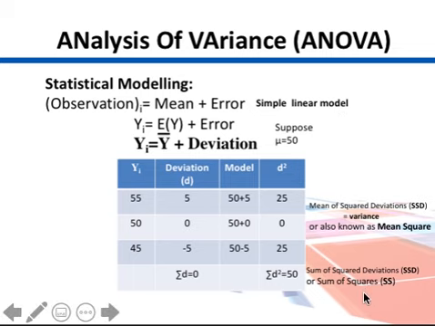In case it's a sample, we divide by n minus 1, the degrees of freedom, and we call it mean square. These terms, sum of squares and mean square, will be used a lot in the analysis of variance.